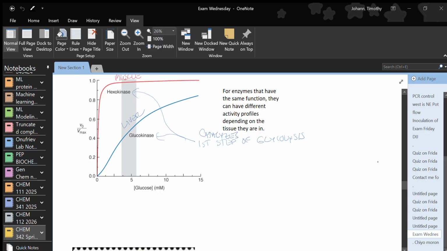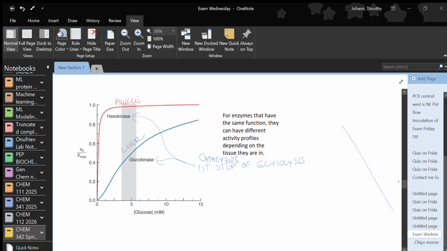So let's talk about what we're talking about here. When we talk about higher, what we're talking about is the activity of these enzymes and whether these enzymes respond to the concentration, whether they change their rates based on the concentrations of glucose around. So we think about what the liver's role is.